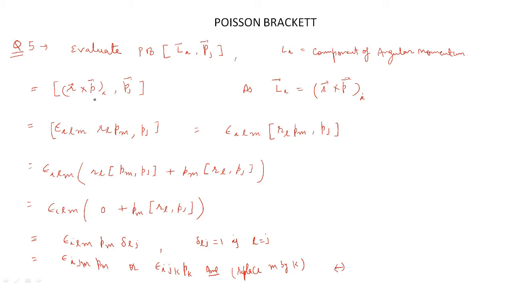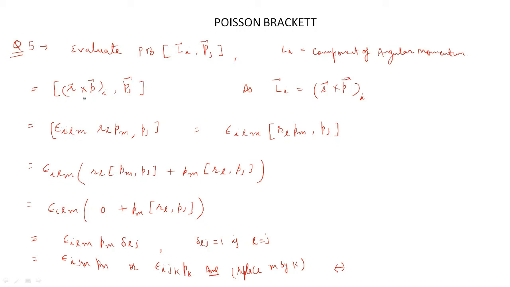Now we can use the cross product of the two vectors. Because we have used j here, we will use other indices, so I am here using l and m.